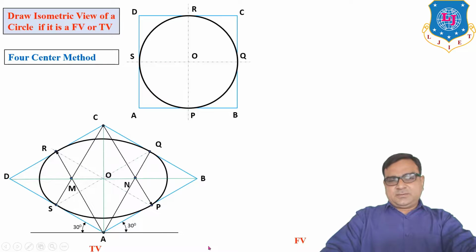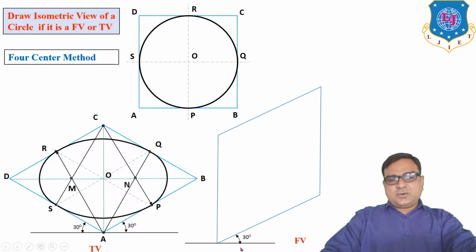What about the front view? Suppose the circle is in front view. Then in isometric drawing, you have to draw a horizontal line from any point. The length of this line is equal to AB, which is the diameter of the circle. Insert ABCD.